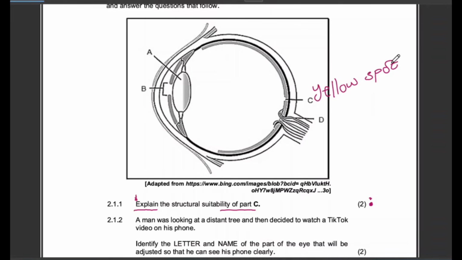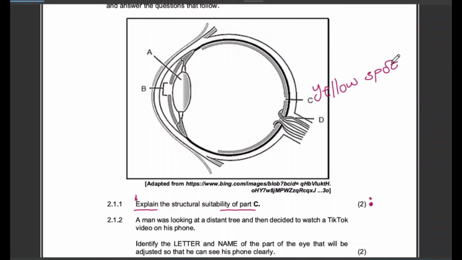Okay, so we know that is the yellow spot, and that is where we find the highest concentration of our cones, which are the photoreceptors, right? And they basically create the clearest vision. So that's what we have here as our answer.